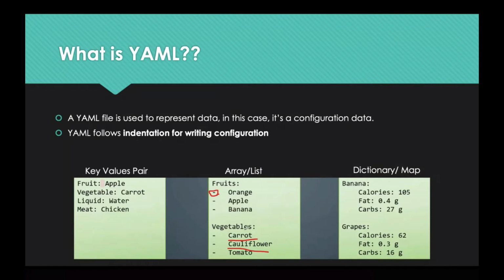In my case, the vegetable is my key, and there are multiple values provided to this key: carrot, cauliflower, and tomato. Similarly, in the dictionary you can describe each specific value of that YAML file.